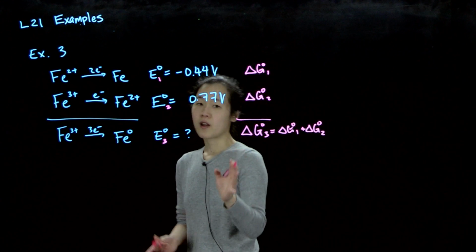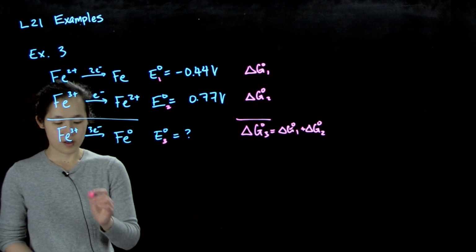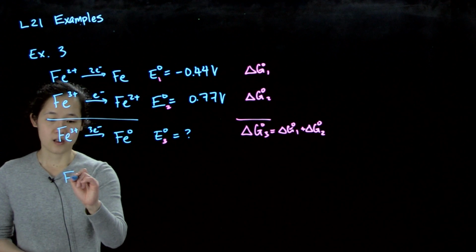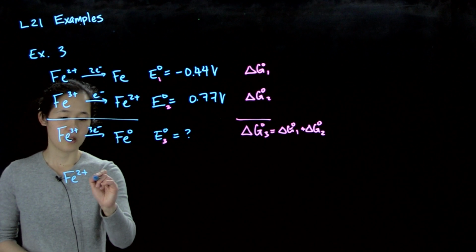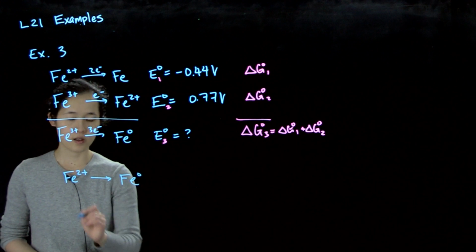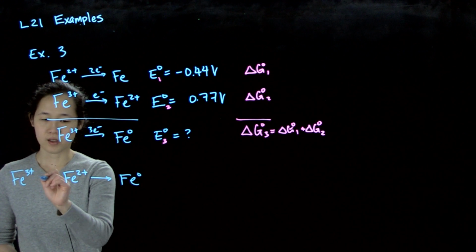By the same token, we can draw this as a thermochemical cycle like we've done in previous classes. So if I were to do, let's say, iron 2+ goes to iron 0, and then iron 3+ goes to iron 2+.